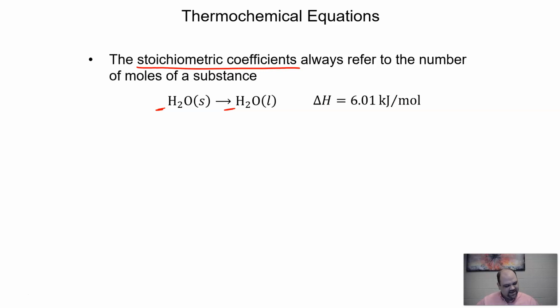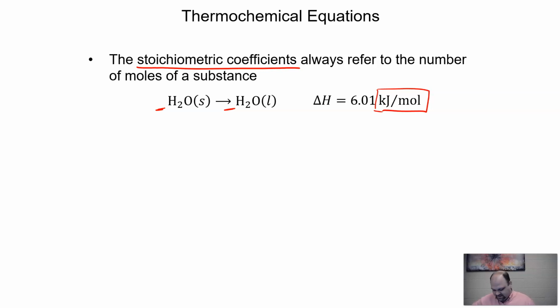When we write delta H, it's almost always in units of kilojoules per mole. Right? We've seen joules before when we did our chapter 5 stuff. But joules are our SI unit for energy. And we're dealing with kilojoules, so that's 1,000 joules-ish per mole. Now that per mole is per mole as written. And so it's 6.01 kilojoules per 1 mole of solid water.